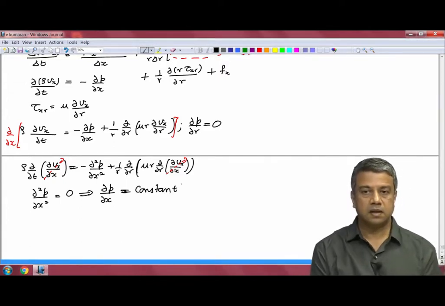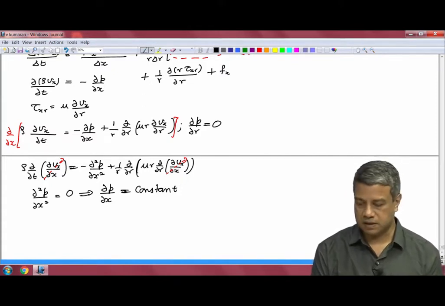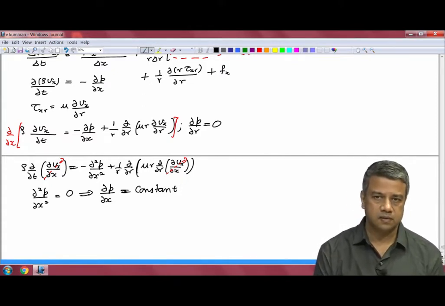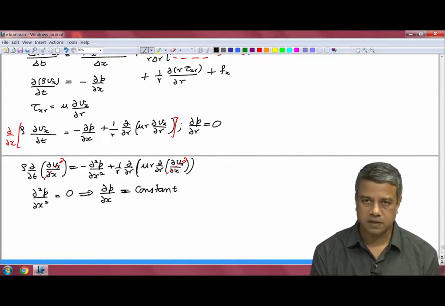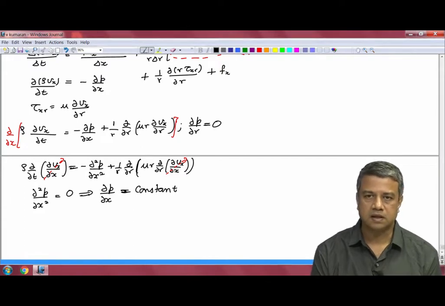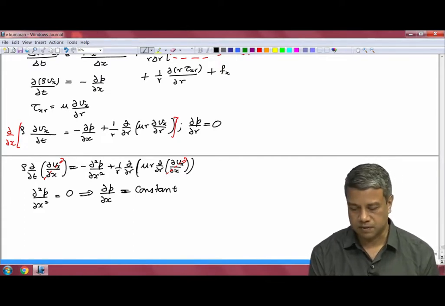Therefore, the pressure is a linear function of x. It decreases linearly as you go downstream for a fully developed flow. The pressure gradient is a constant, independent of x, in this particular flow.